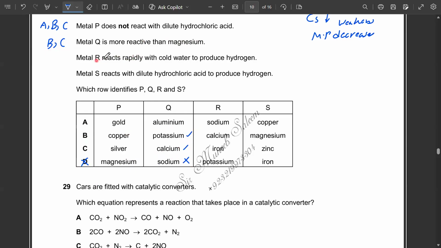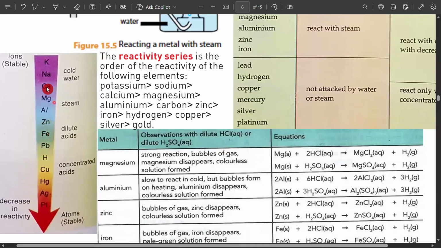Then our next point is metal R reacts rapidly with cold water to produce hydrogen. So R reacts rapidly. Iron, as you know, is a very less reactive element as compared to calcium, because iron is over here and calcium is over here. So iron is very much less reactive as compared to calcium.